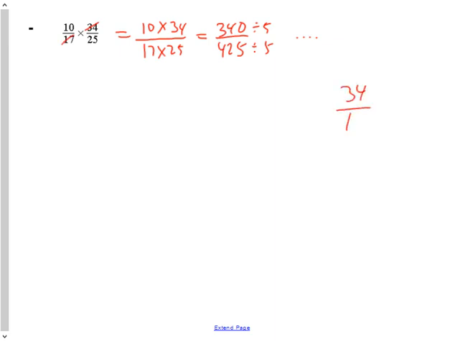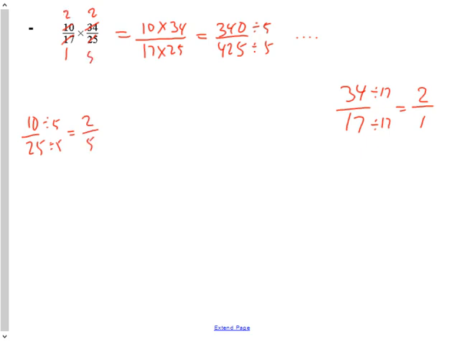If I think about 34 over 17 as a fraction, both are divisible by the number 17, because 2 17s is 34. So that would reduce down to 2 over 1. And if I think about 10 over 25 as a fraction, both are divisible by 5, I would get 2 over 5.